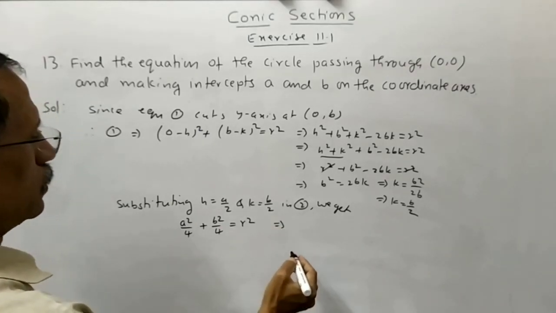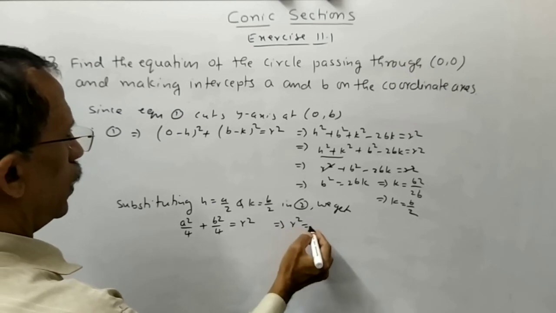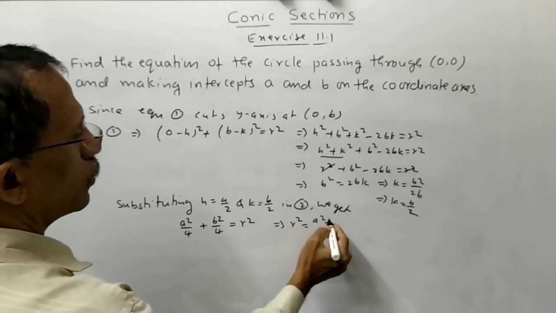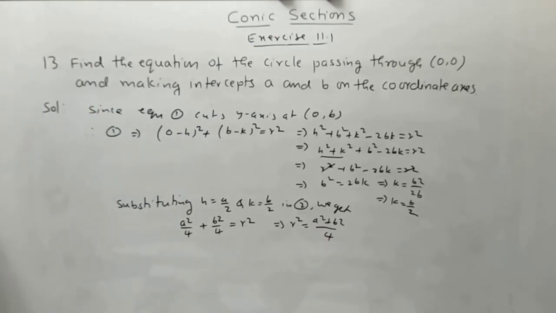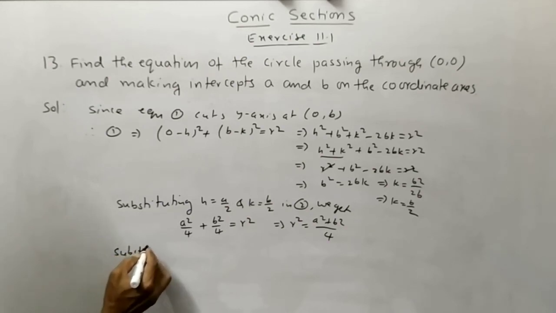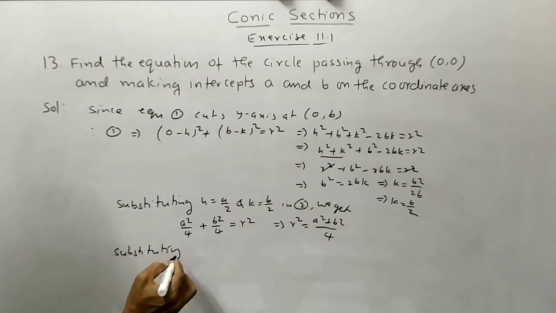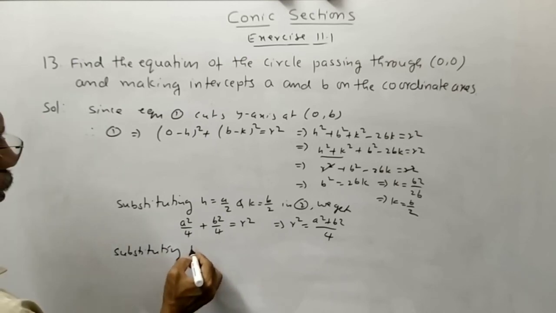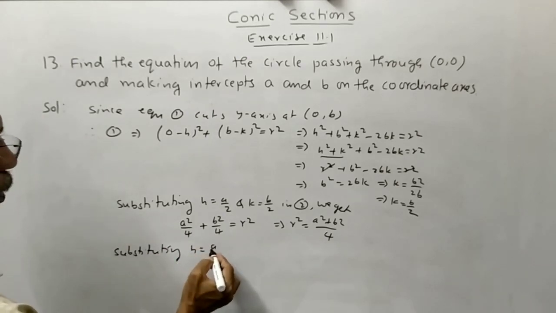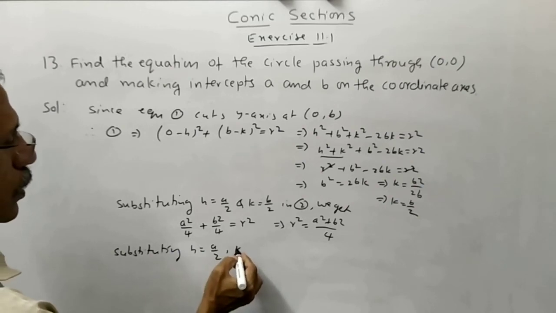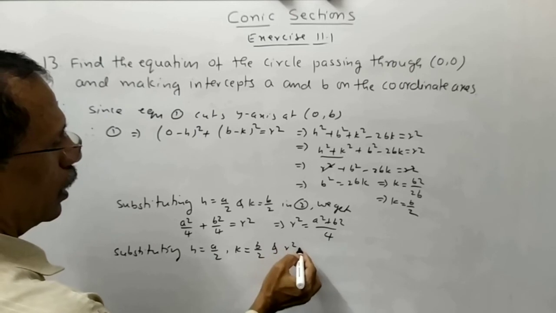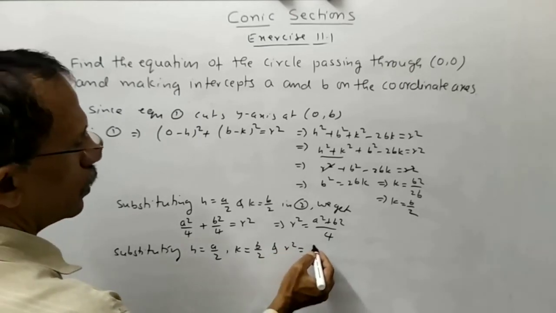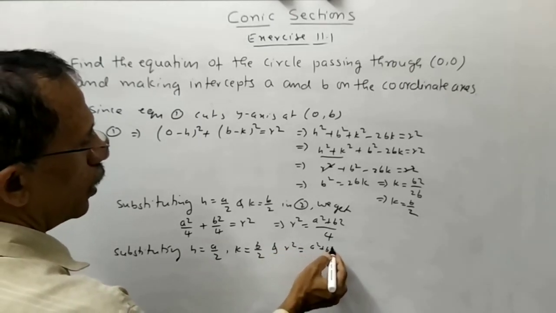This implies r square is equal to (a square plus b square) divided by 4.